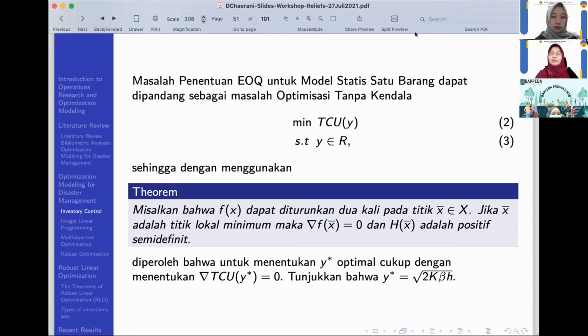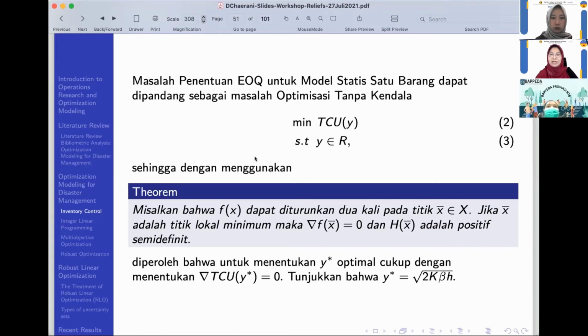Baik Bapak dan Ibu, saya coba cek dulu chat apakah ada pertanyaan. Di sini Ibu Diah bertanya bagaimana menentukan inventory yang optimum saat disaster pada situasi yang sangat tidak menentu. Terima kasih pertanyaannya. Itu juga pertanyaan kami, Bu, jadi itu yang ingin kami jawab.